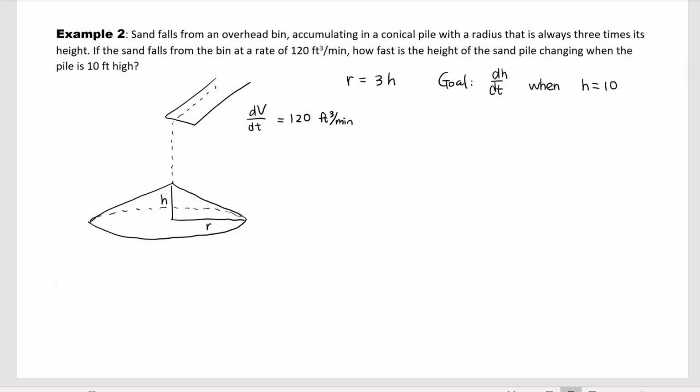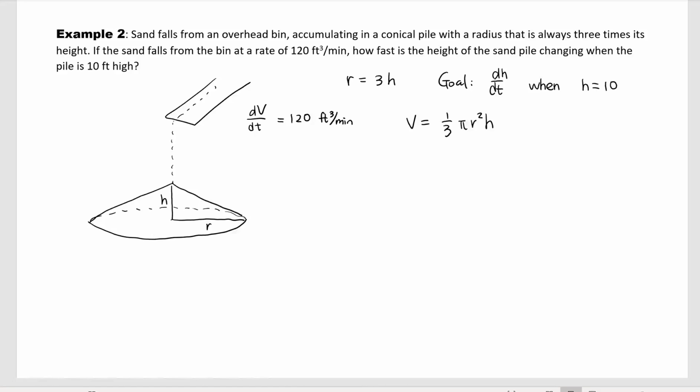Step 2, let's write down the relationships. We have one relation, r equals 3h. The other one: because we are looking for dh dt and we have dv dt, we want to relate the volume and height. What is the volume? For a cone, the volume is 1/3 pi r squared h.